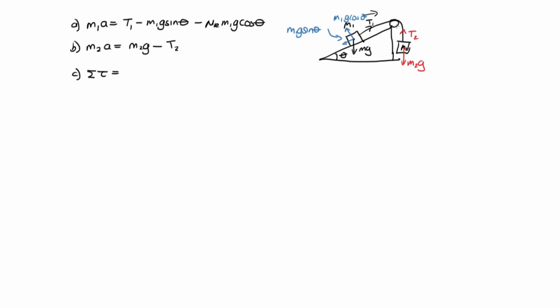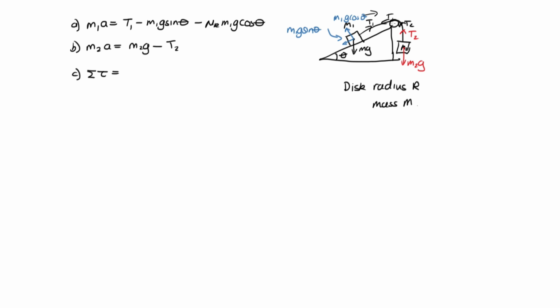Okay, now part C, we're now needing to write an equation for the net torque on our pulley here. So it's a disc with radius r and mass capital M. And so we've got the tension here. So this tension T2 is pulling it around this way, and tension T1 is pulling it around that way.